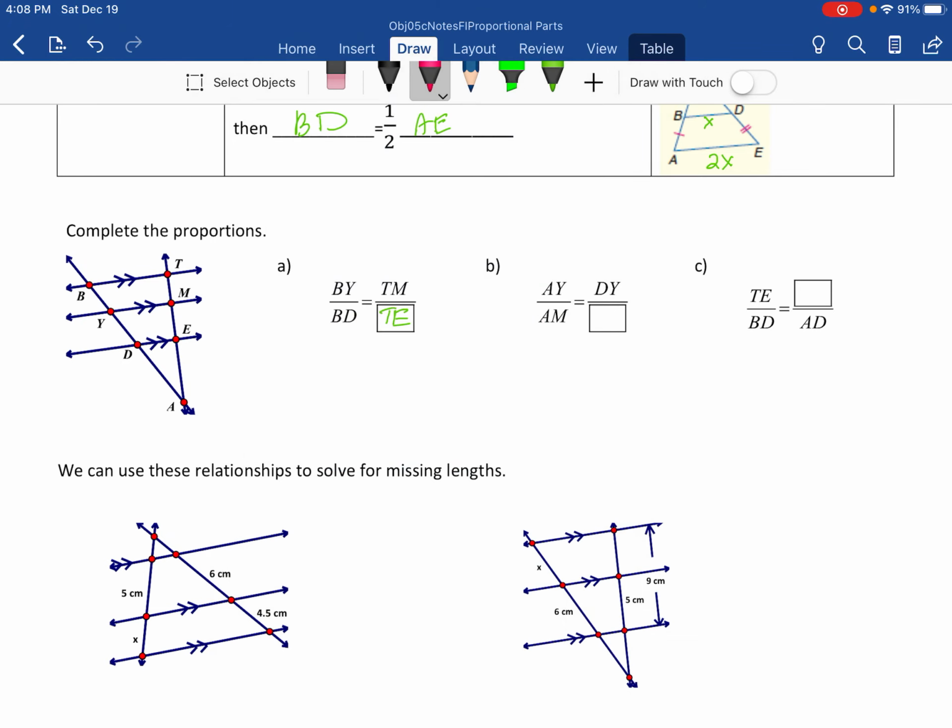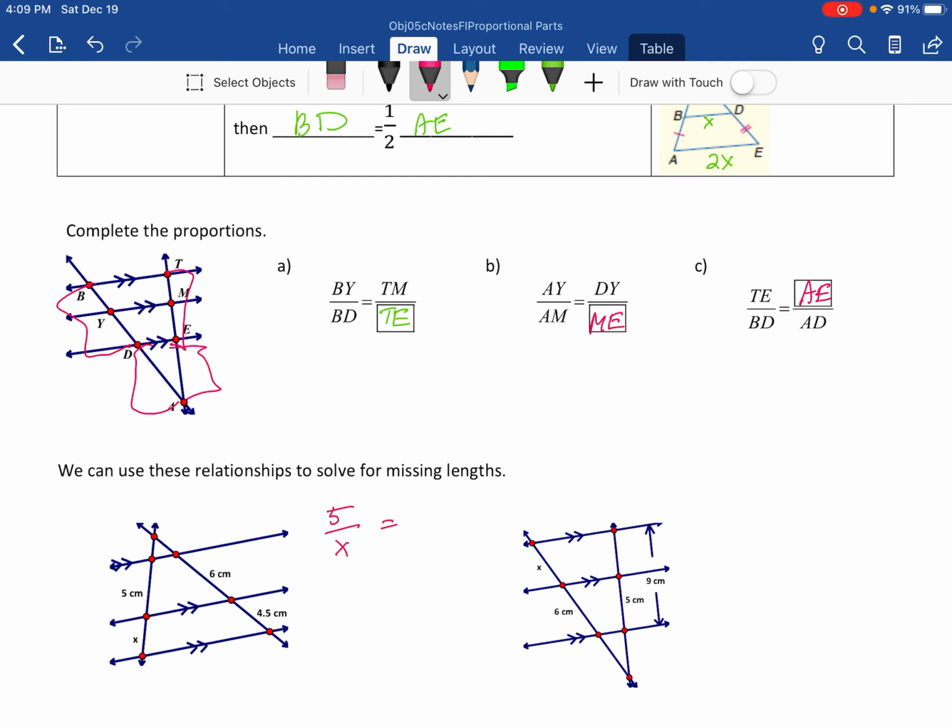My next one is AY over AM, so we're comparing sides, DY over ME. Then we have TE over BD, those sides, is equal to what over AD? It's going to be AE, the corresponding part there. So we use these relationships.